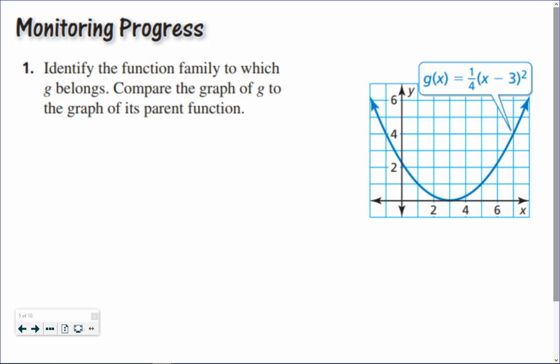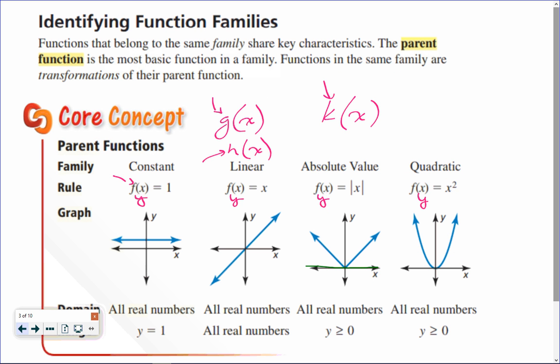Let me go back real quick. I'll just help you out real quick on this. How do I know it's linear? Because x is raised to the first power. Okay? This is somewhat linear, but you also have a line that matches up, right? Okay, that's absolute value. What's the power here? 2, right?